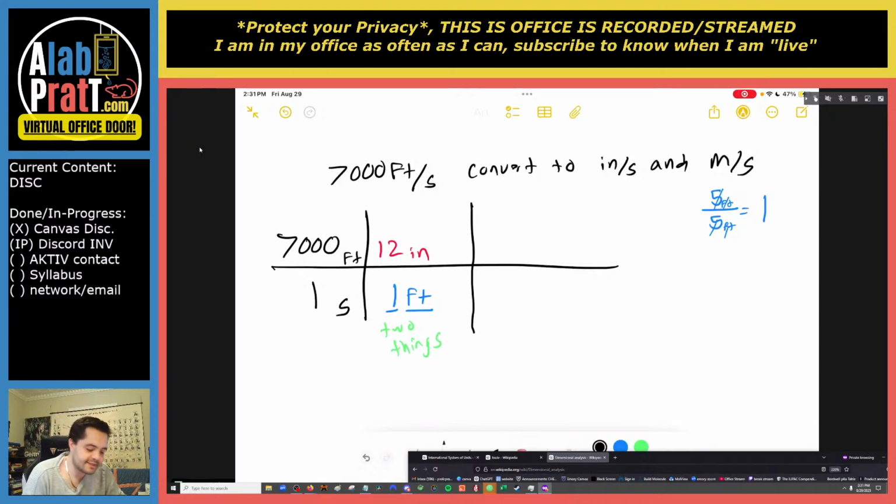Well, in 1 foot, there are 12 inches. I am purposely putting it so that my foot unit and my foot unit, these will cancel out. And so after I do my units, I say, okay, we don't have feet anymore, but now whatever I'm going to get, the units are going to be inches per second. And so when I go back to thinking about this not as a lattice, not as a form of organization, but how is it doing math?